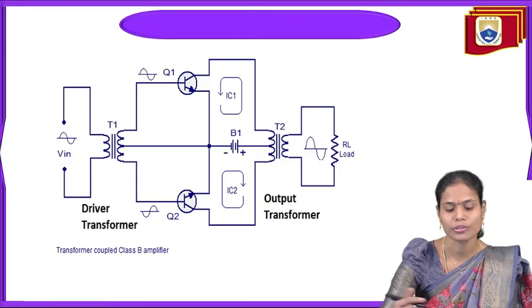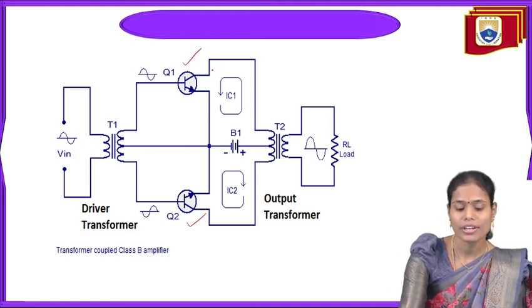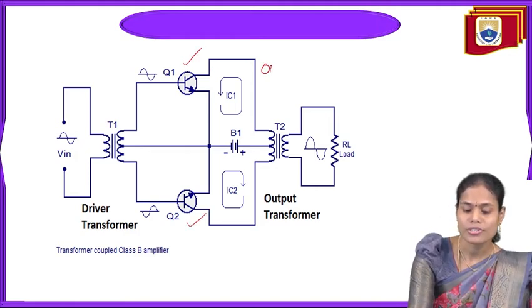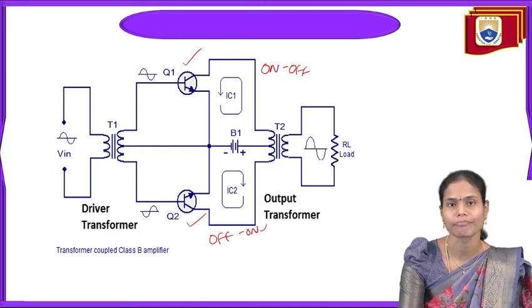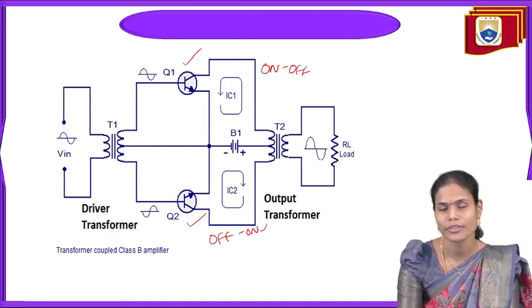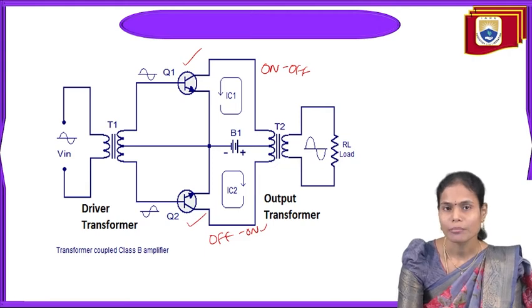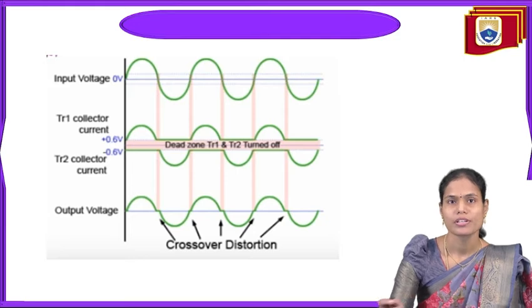In this particular circuit, one transistor conducts at one time and the other conducts at another time. When Q1 is changing from on to off and from off to on, it takes some time. Because of the time taken by the transistors, we get the crossover distortion.